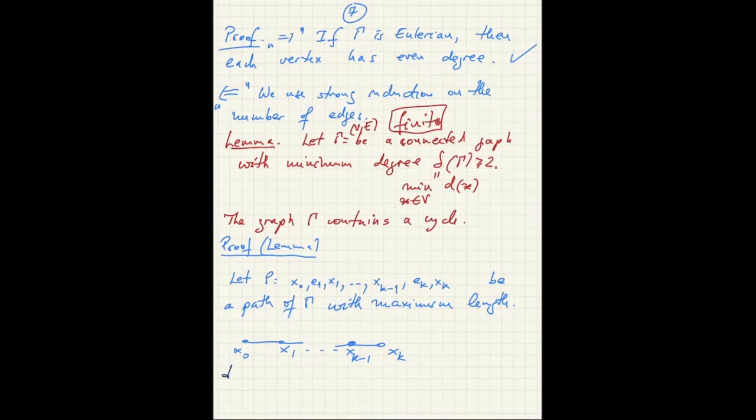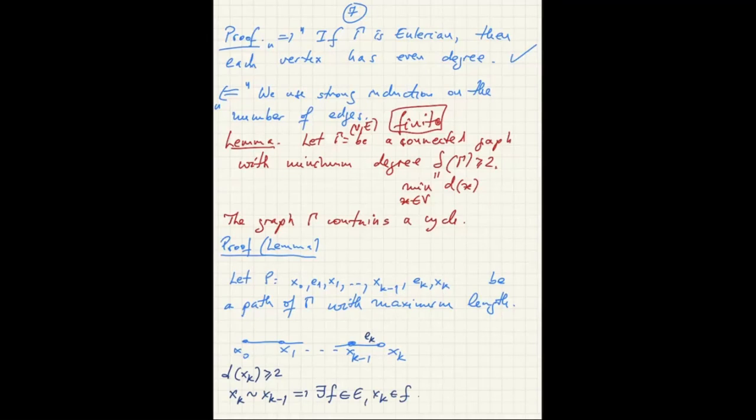We have that the degree of xk is greater or equal to 2. xk is adjacent to xk minus 1, which is the edge ek. So there must be another edge f such that xk belongs to f.